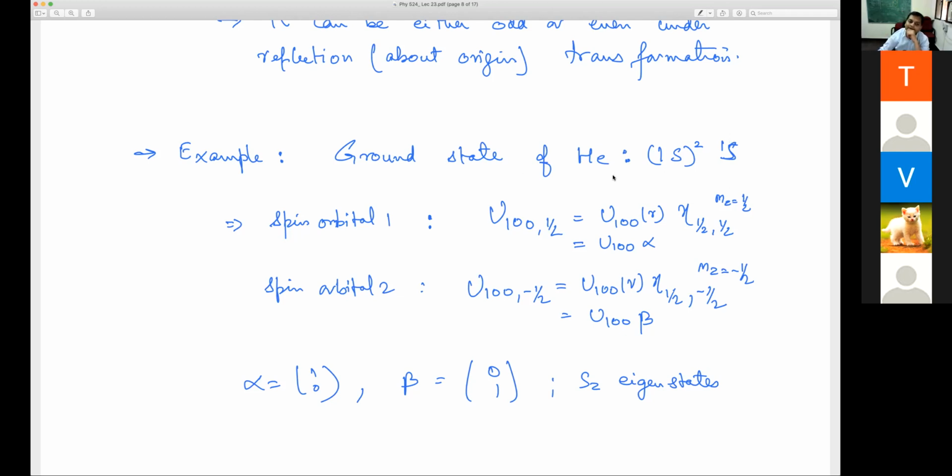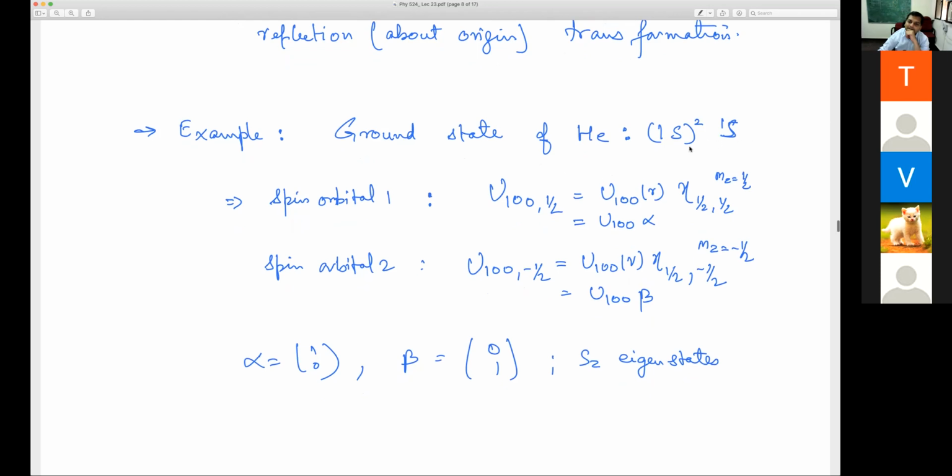Okay. So for this particular state, let's say I have spin orbital 1: U100 with chi half, with Sz half, let's say. We can write this chi half as alpha, using our earlier notation.